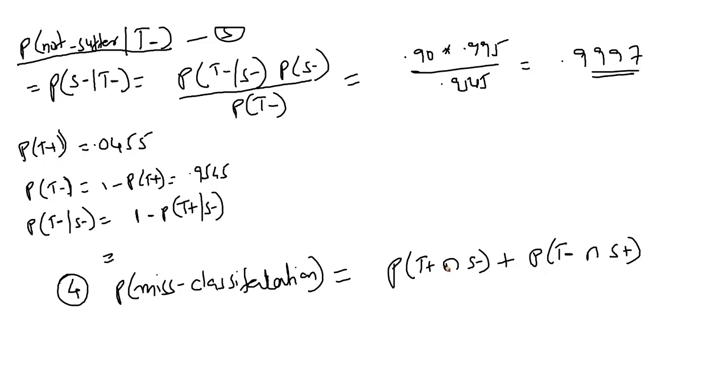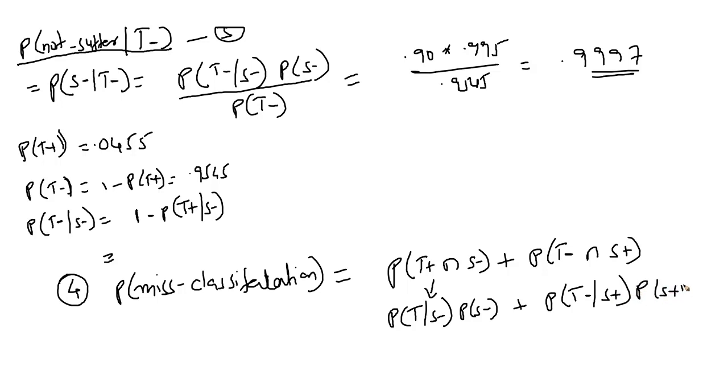So this one you can compute, and then using Bayes theorem, actually Markov chain rule, we said probability of t plus given s minus times probability of s minus plus probability of t minus given s plus times probability of s plus.